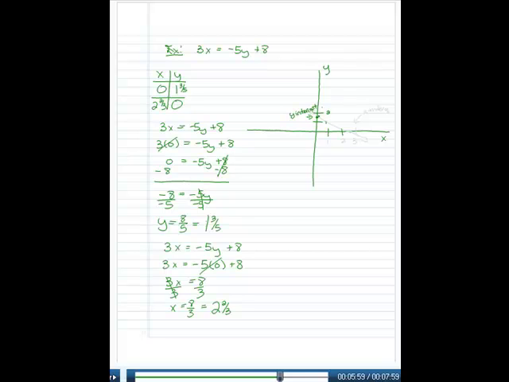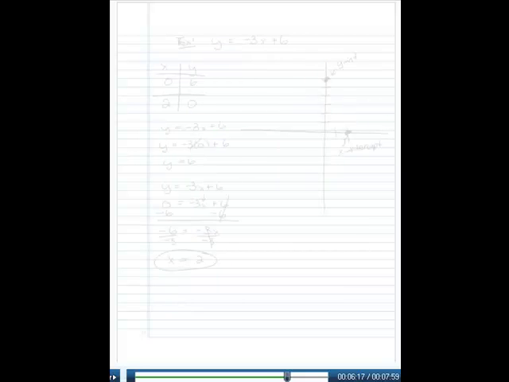And the second point, x is 2 2/3. So I have 1, 2, and 3. 2 2/3 must be somewhere in the middle. And since y is 0, this is my x-intercept.